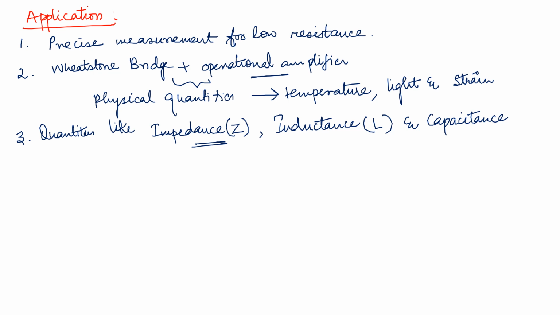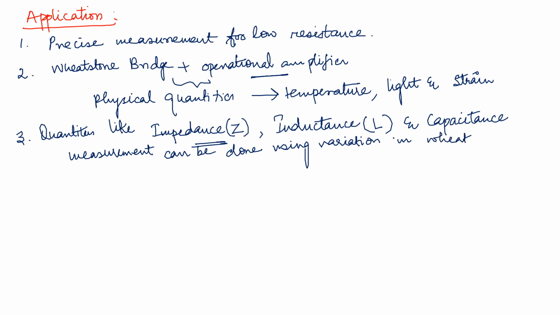We have read about it previously. These can be measured by the Wheatstone bridge, but we have to make nominal changes. Okay, measurements can be done using variation in the Wheatstone bridge.